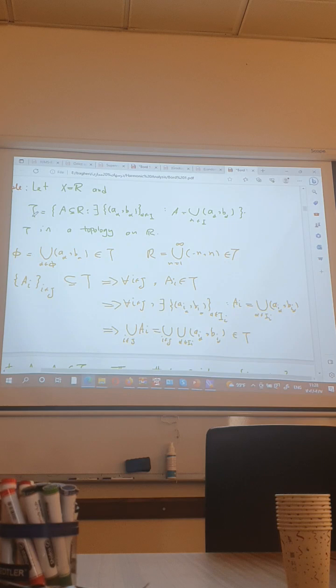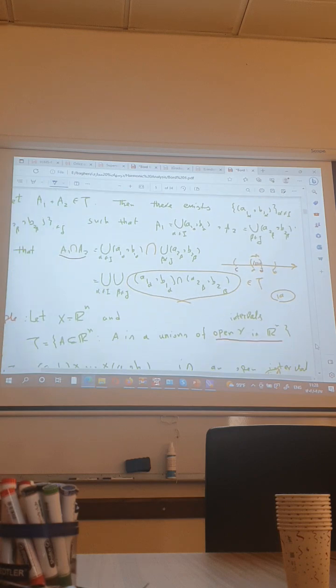Please pay attention: tau equals the set of all subsets of R such that A can be written as a union of intervals. This set can be written as a union of intervals, so it is an element of tau. So for any family of tau, its union is an element of tau, so this family is closed under arbitrary union.